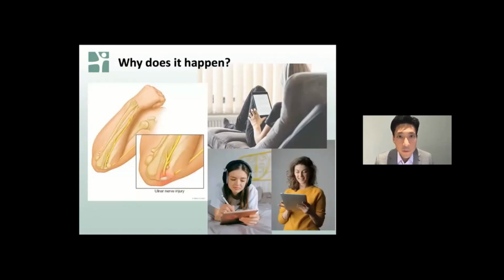And the reason why this happens is the nerve runs from your neck down to your arm and around the corner of your elbow. So it runs on the inside part of your elbow. And if you're like many people, like me, you're at home, you're on your iPad, or you're doing work, or you're holding your book. When you have your elbow flexed, when it's bent like this in these pictures, you're putting that nerve on stretch.